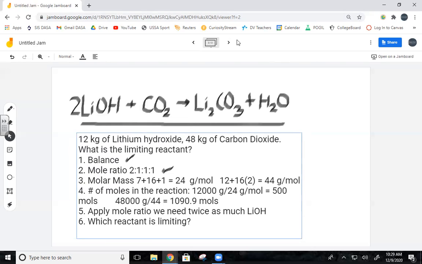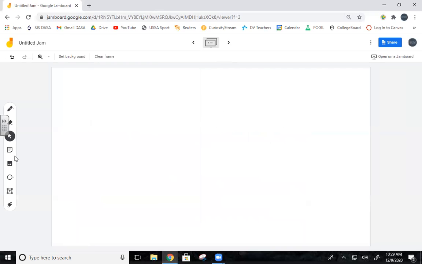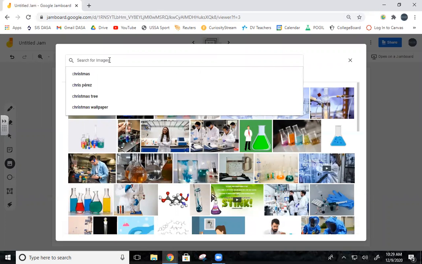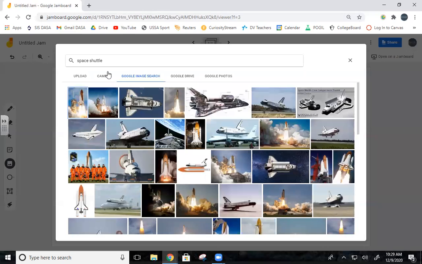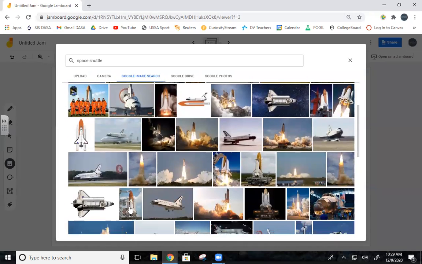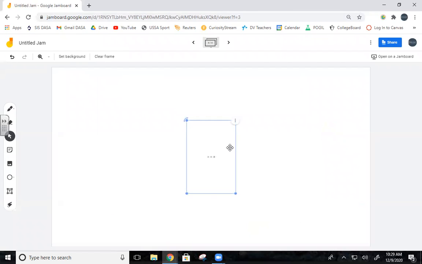So you might be asking yourself, as you probably do a lot in this class, why in the world would anyone need to know this? I'll tell you why. This is the space shuttle.